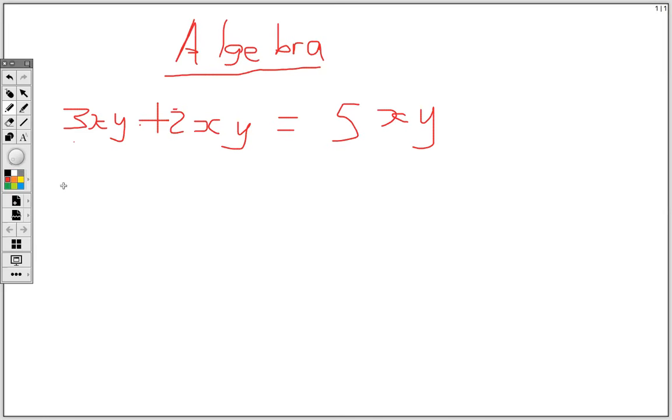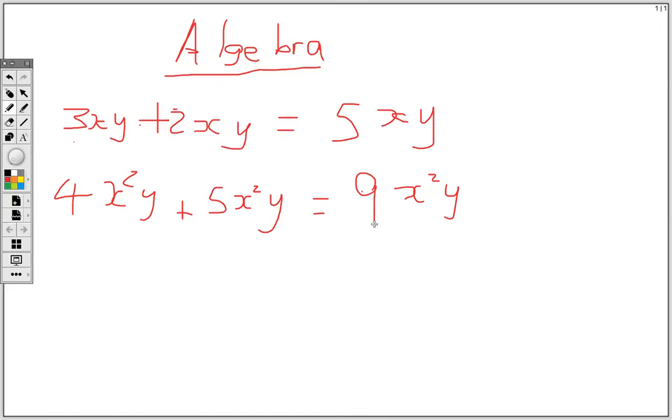So if I have 4x squared y plus 5x squared y, then it means this will be, first write the variable x squared y, and then add the 4 plus the 5, and we'll get 9.